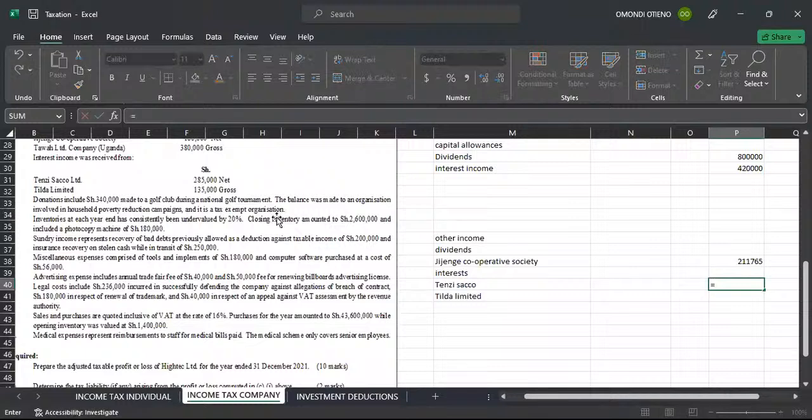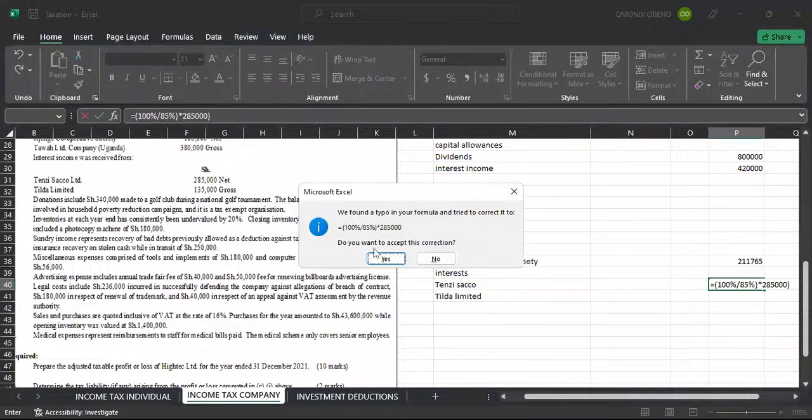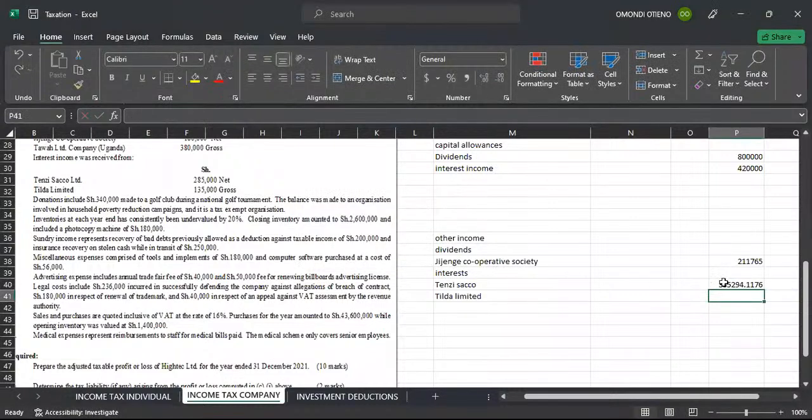335,294 is equal to 100%, that is, divided by 85%, then we multiply by 285,000. If you multiply, that's what we are getting.